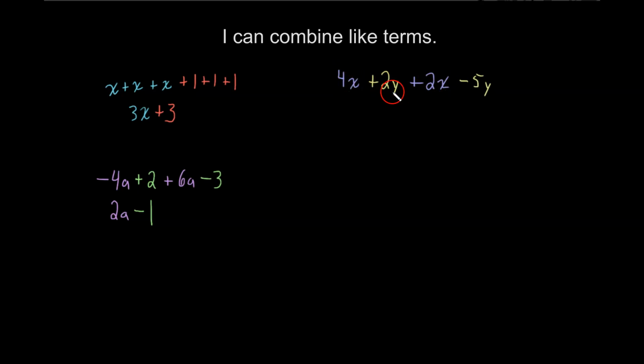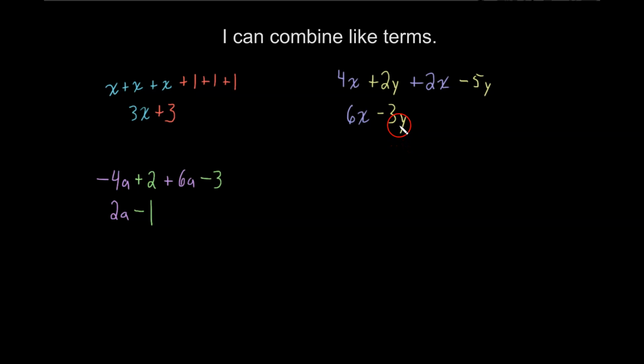So 4x plus 2x gives us 6x, and now positive 2y minus 5y, and we know 2 minus 5 is negative 3, so it'd be minus 3y. So it'd be 6x minus 3y after we combine our like terms.